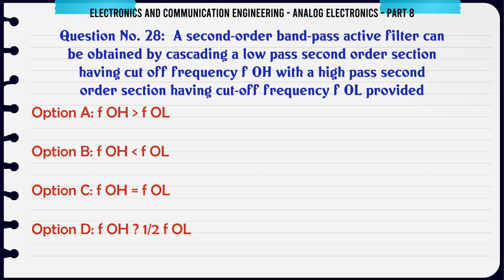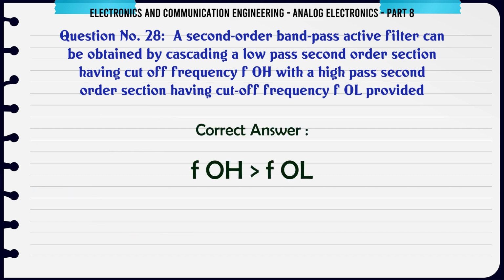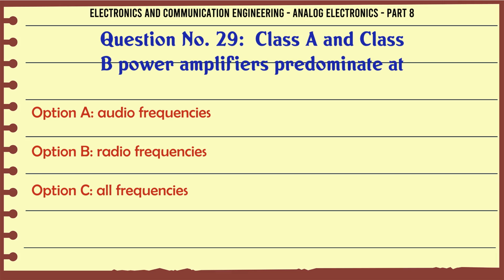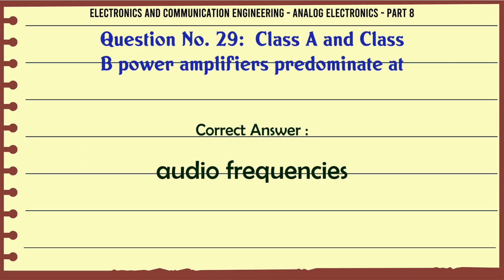The correct answer is FO FOL. Class A and Class B power amplifiers predominate at A. Audio frequencies, B. Radio frequencies, C. All frequencies, D. Audio and radio frequency. The correct answer is audio frequencies.